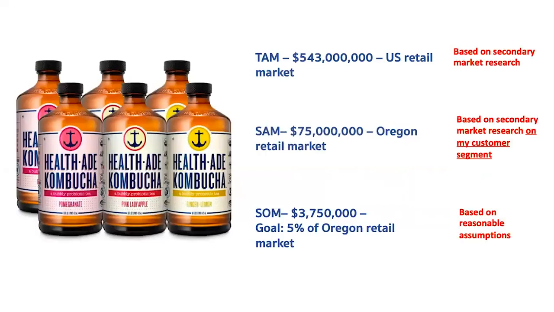I just want to reiterate that the TAM and the SAM should be based on secondary research. You should be able to find databases or information that are going to yield these numbers. But the SOM should be based on reasonable assumptions that you make about your business.